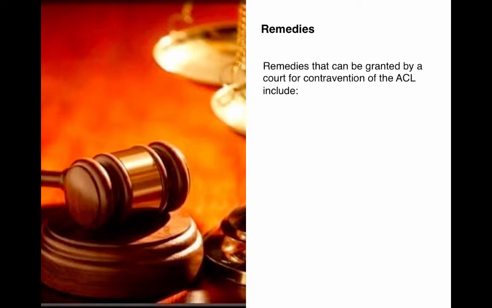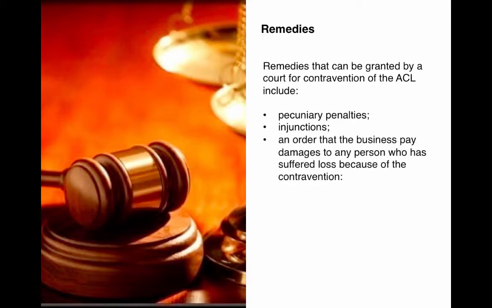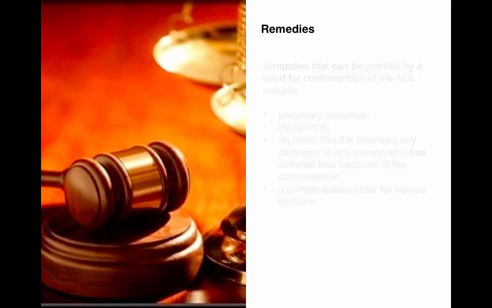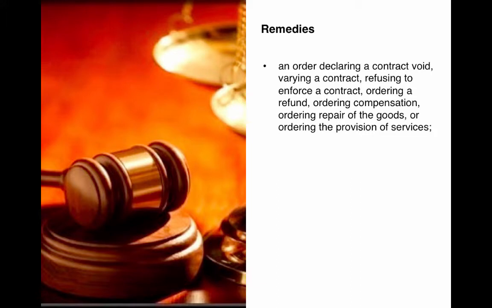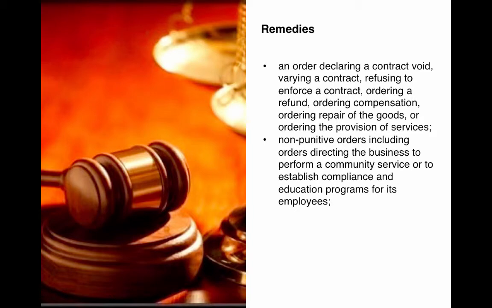So the remedies that can be granted by a court for contravention of the Australian consumer law include pecuniary penalties, in other words fines, injunctions, so the court can order the business to stop doing something, an order that the business pay damages or compensation to any person who has suffered loss because of the contravention, a compensation order for injured persons, an order declaring a contract void, varying a contract, refusing to enforce a contract, ordering a refund, ordering compensation, ordering repair of the goods, or ordering the provision of services.